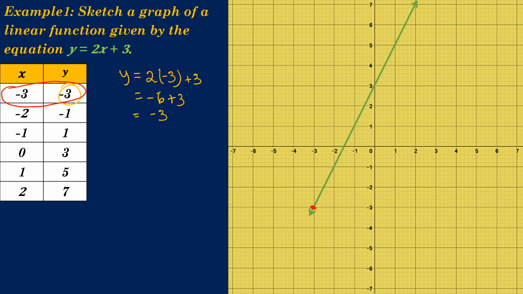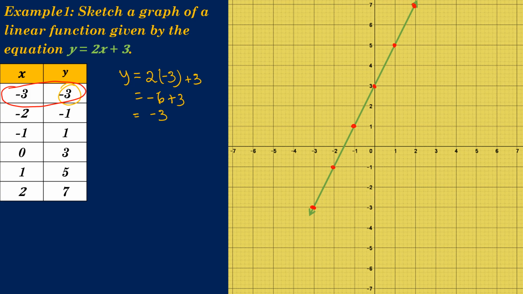Our next point is negative 2 and negative 1, which is this point. Our next point is negative 1 for x and 1 for y, which is that point there. Then 0 and 3, 1 and 5, and you can see that the line has already been drawn for you.